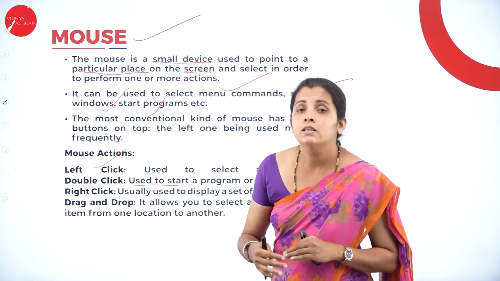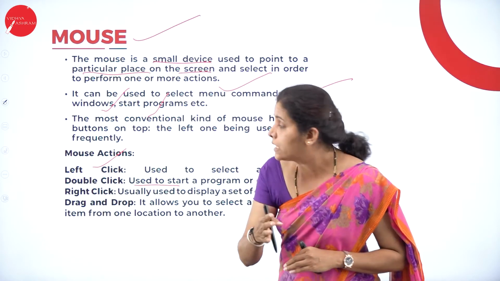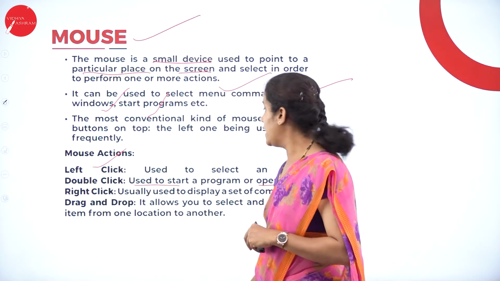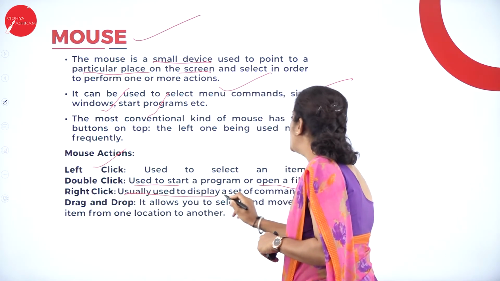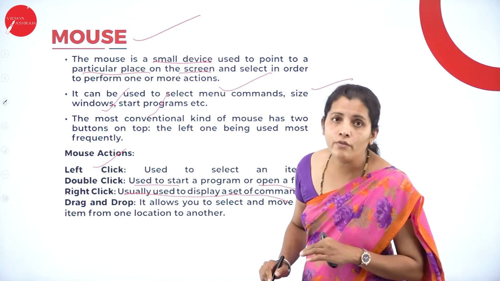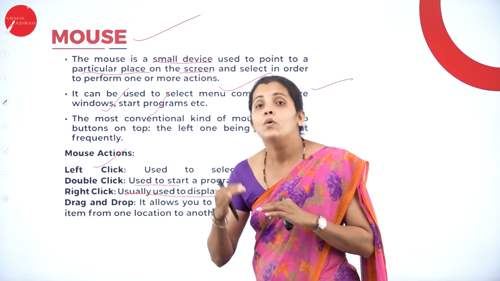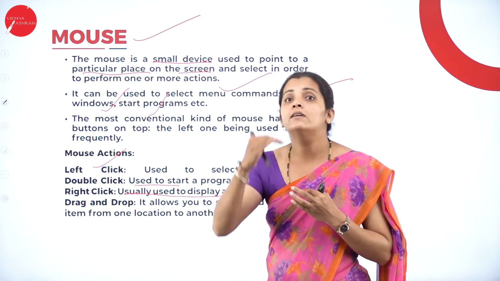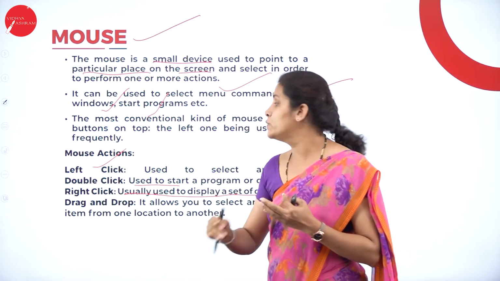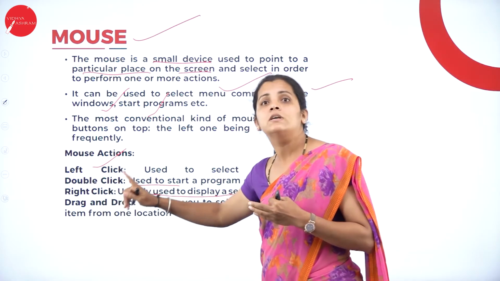If you click the right button, it is usually used to display a set of commands. Wherever you want to display a list of commands, you can use the mouse right click.